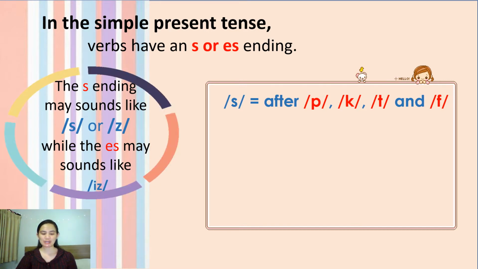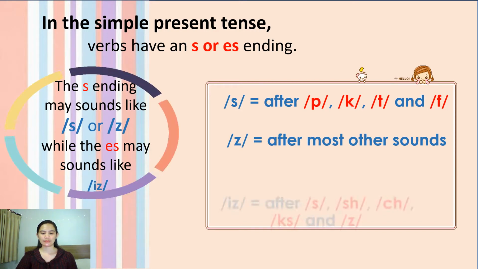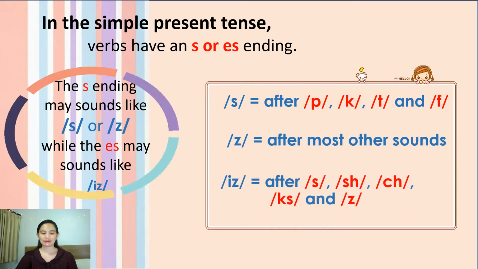However, if the simple form of the verb ends with most other sounds, the s sounds z. Meanwhile, the es sounds iz if the simple form of the verb ends with the sounds of s, sh, ch, x, and z.